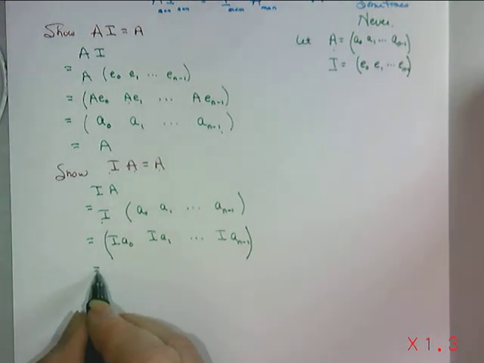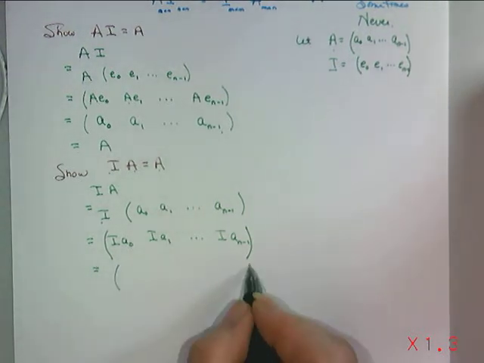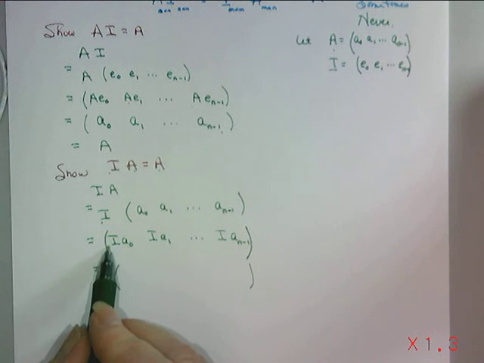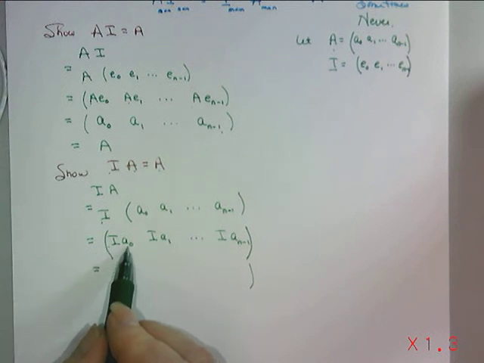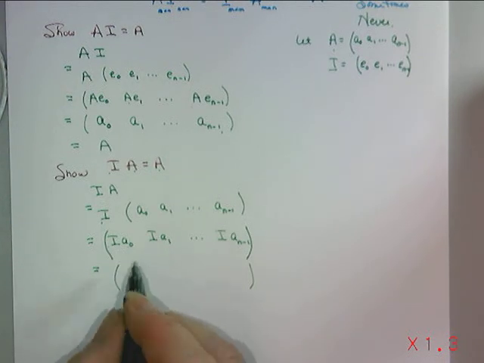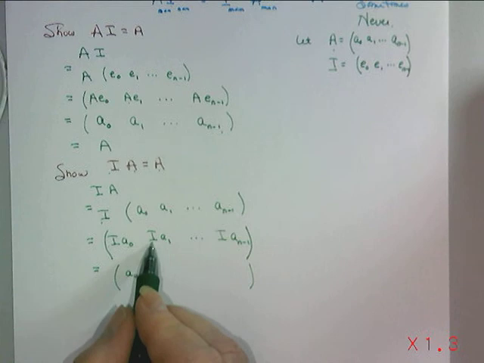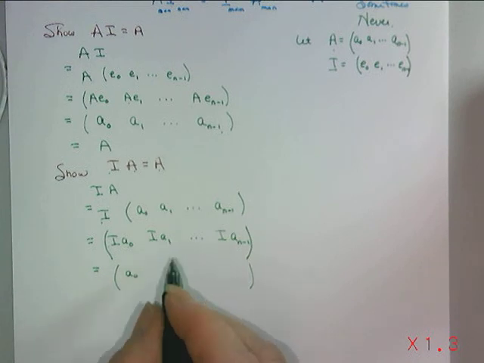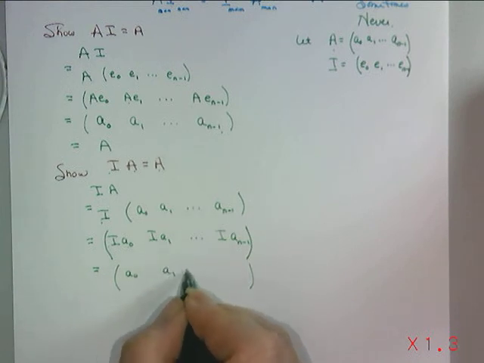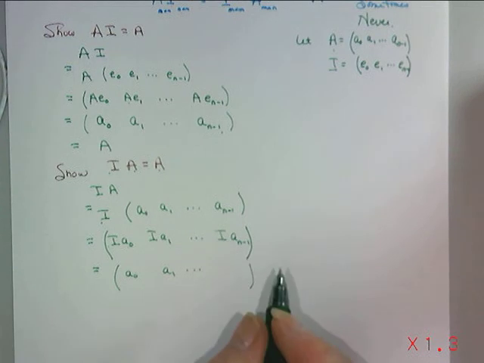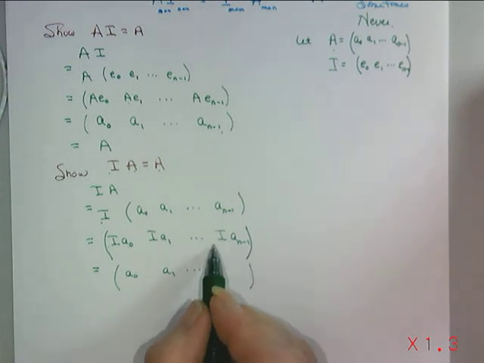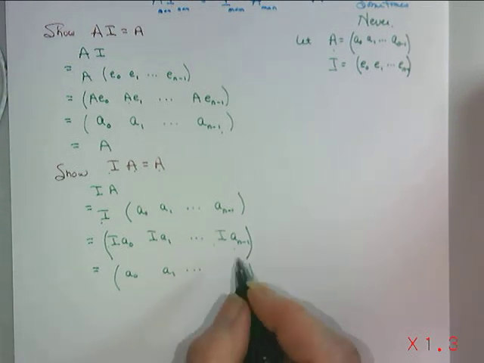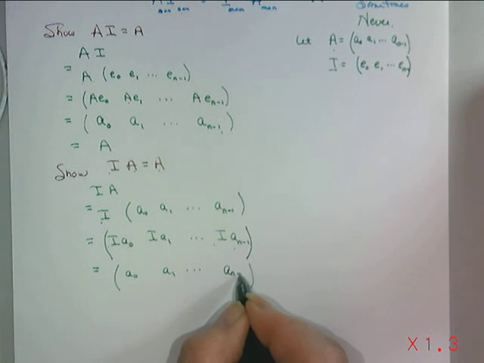Well, if we notice, the result of taking the identity matrix times any vector is that vector back. So the first column of the product is going to be A sub 0. The second column is the identity times A sub 1, which is A sub 1, and so forth. The last column is going to be the identity times A sub n minus 1, or A sub n minus 1.